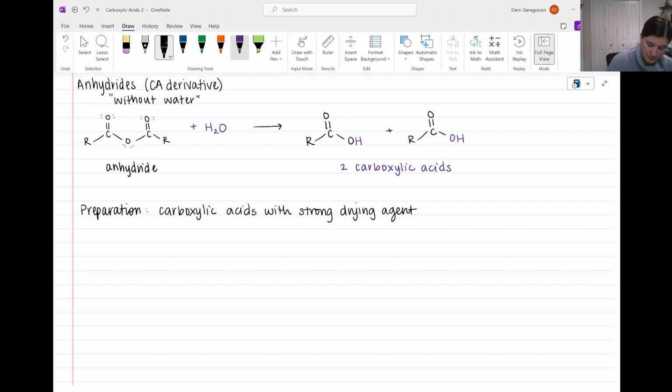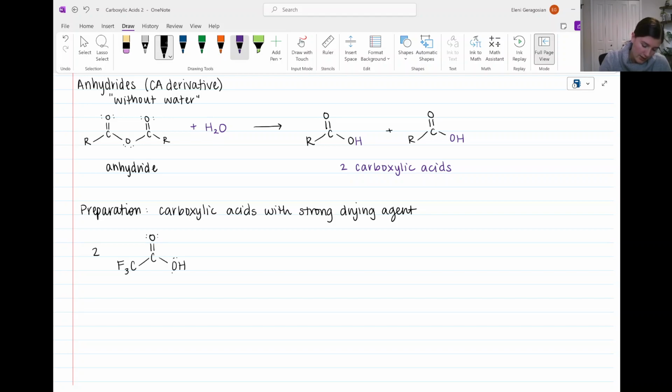So here's an example, and if we're forming an anhydride, we need two carboxylic acids. In this example, we'll show a specific molecule, trifluoroacetic acid. Remember that having an electronegative atom like fluorine near the carbonyl carbon increases the reactivity of that carbon.